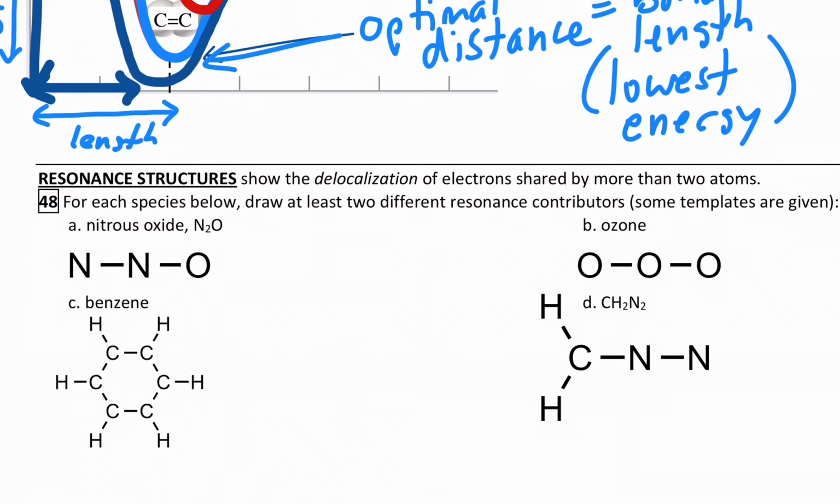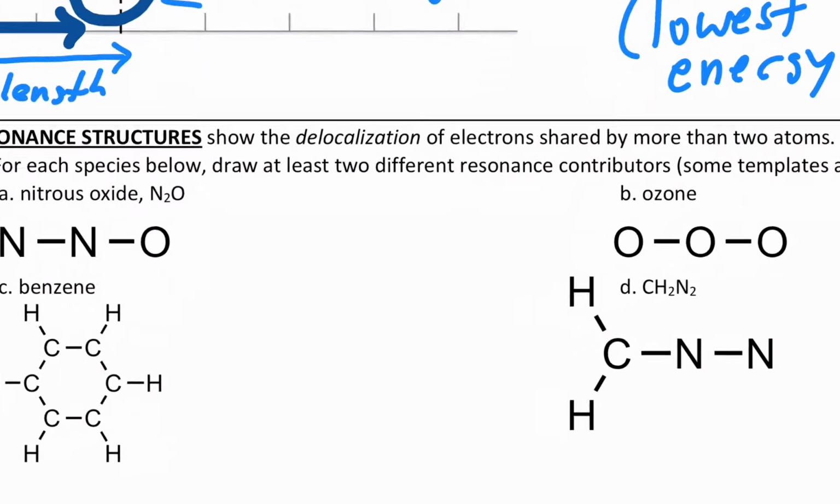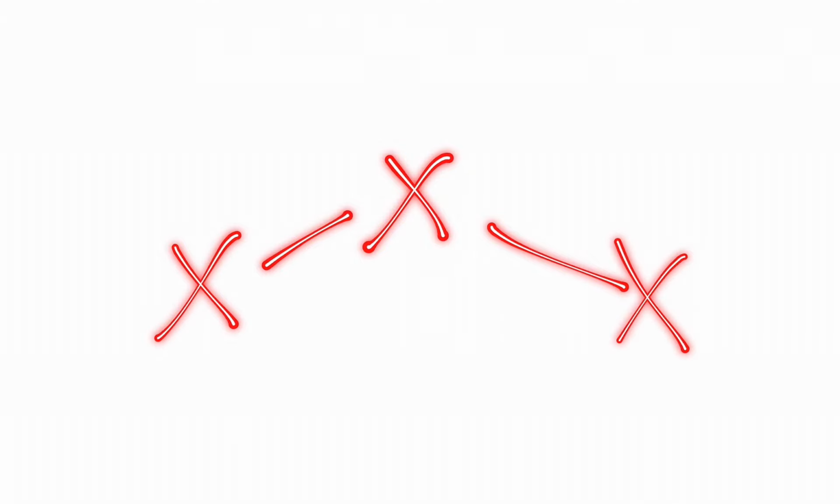And this comes up because of the delocalization of electrons that we see in resonance structures or resonance contributors. Resonance contributors show how electrons are actually not localized and they're shared by more than just two atoms. You often think of a pair of electrons in a bond as being shared by just two atoms, but sometimes a pair of electrons could be shared between multiple atoms.